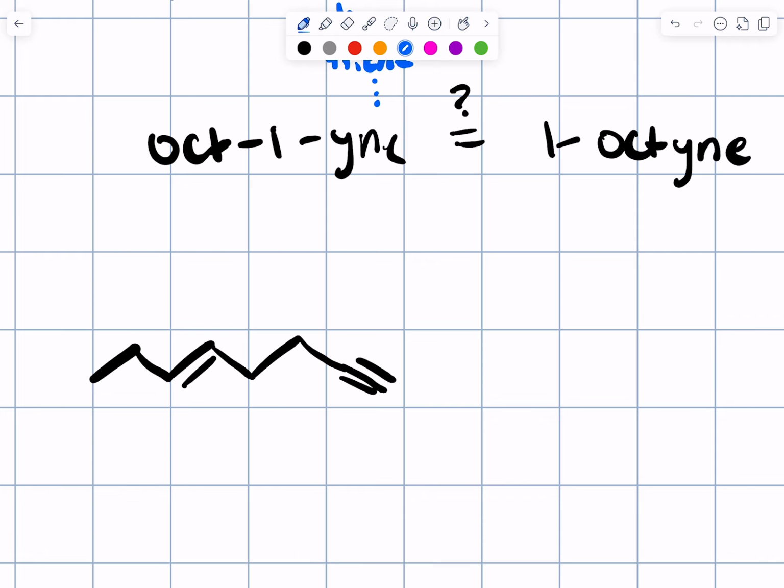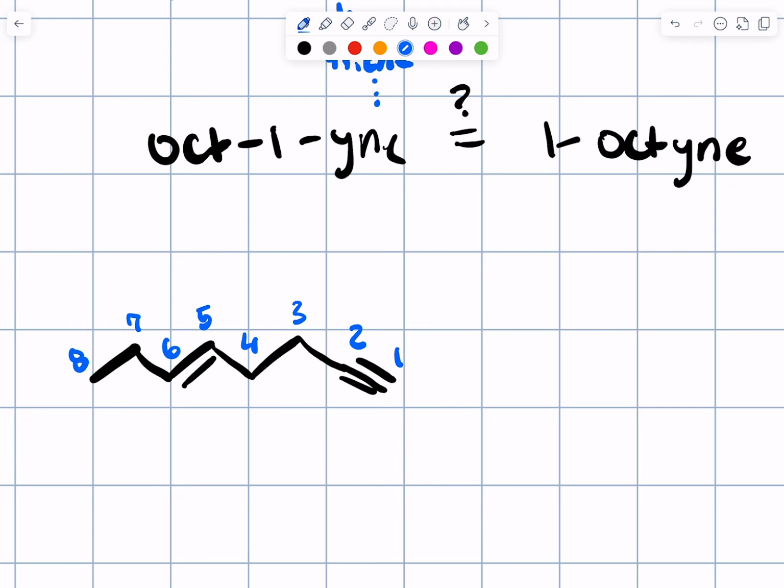So let's do what we did before. Let's number our carbons. And just for speed, I don't think I need to number it both ways. I have an alkyne on carbon 1, so that'll give me my minimum numbering. So 1, 2, 3, 4, 5, 6, 7, 8.